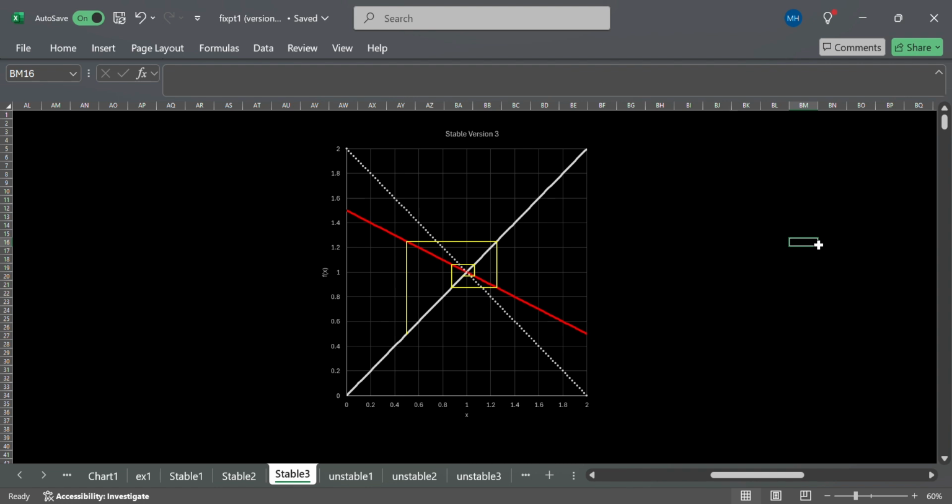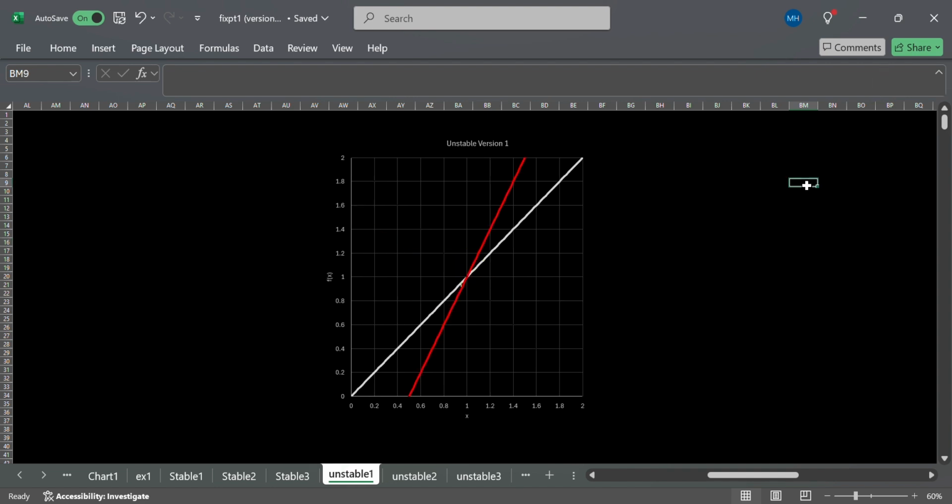Now let's look at an unstable version. What makes a version unstable? Well, if it's too steep to drive, then it's unstable. We're going to start with a value close to the fixed point, 0.95.